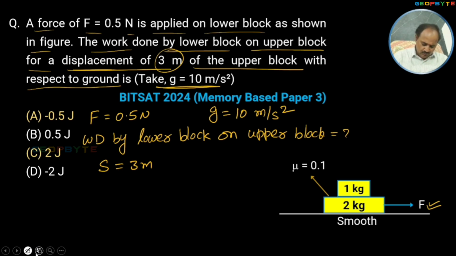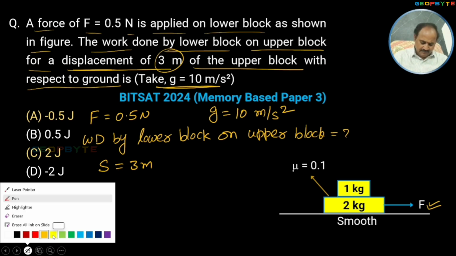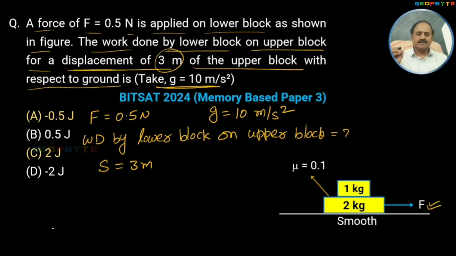Now, first let us decide the maximum acceleration that can be maintained by the upper block, because there is a coefficient of friction between the upper block and the lower block.